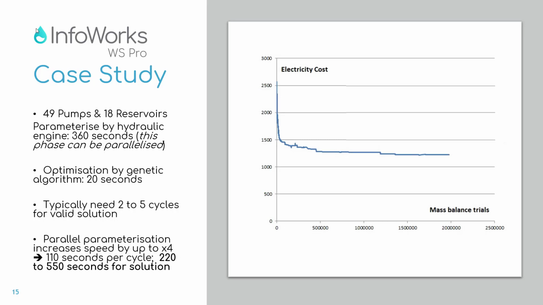When we look at our case study with a real network with 49 pumps and 18 reservoirs, this combination of mass balance, genetic algorithm, and multi-thread simulation basically managed to complete the optimization within 5 to 9 minutes, which we think that is good enough to support operation with the definition of the best operational strategy, based on the network condition.